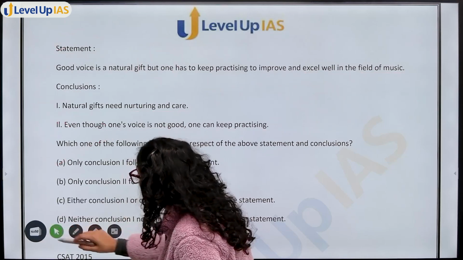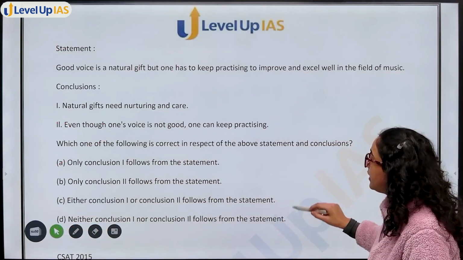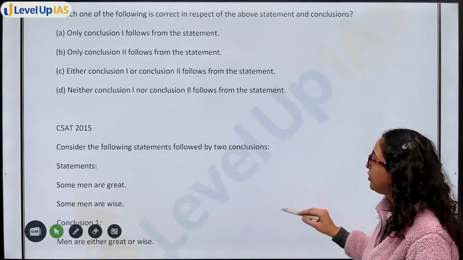Now let's discuss question of CSAT 2015.